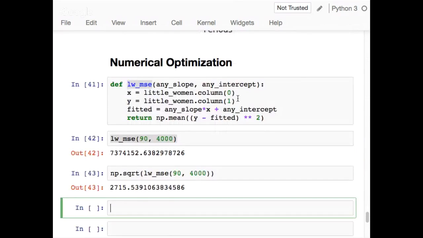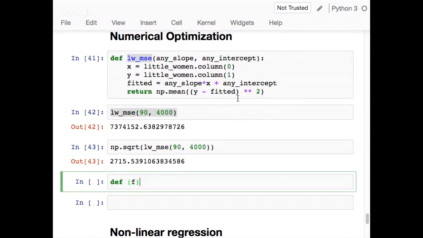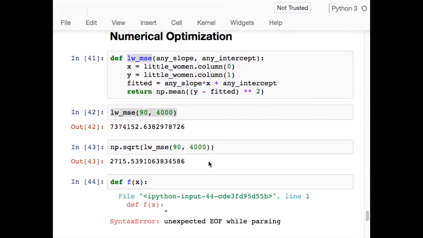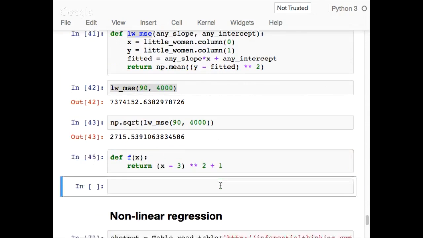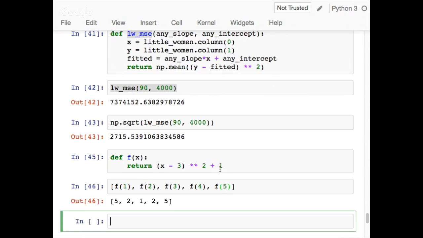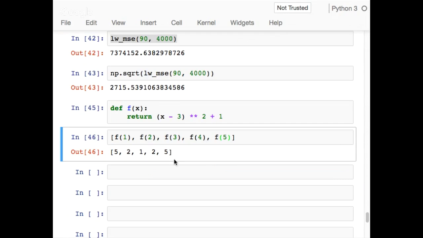Okay, watch this. If I define a function f of x that happens to be x minus 3 squared plus 1, and try out some values, f of 1, 2, 3, 4, and 5, we'll see that the value goes down and then goes back up again.